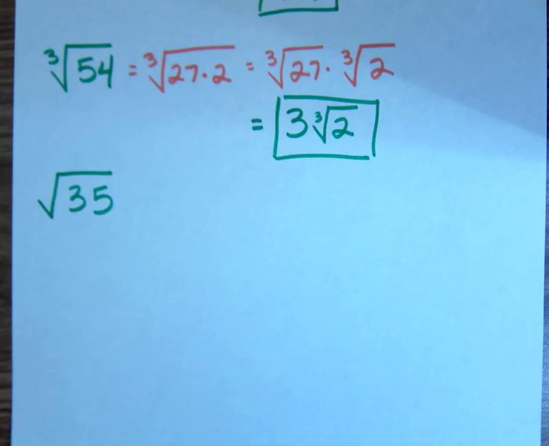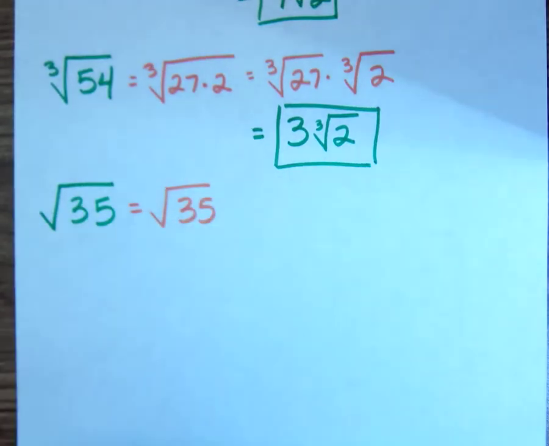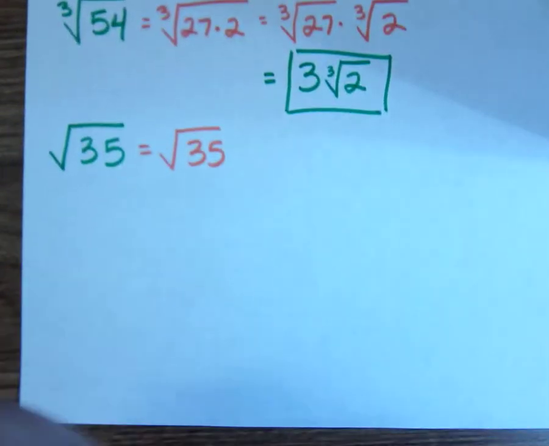What's the biggest one 35 can be divided by and it not give you decimals, no fractions? Right. 1's the biggest one it can be divided by. So the simplification of this is the square root of 35. That is as simple as it gets. Okay?